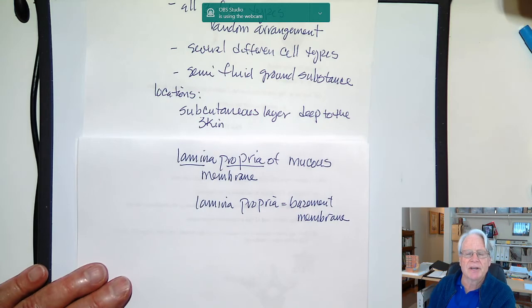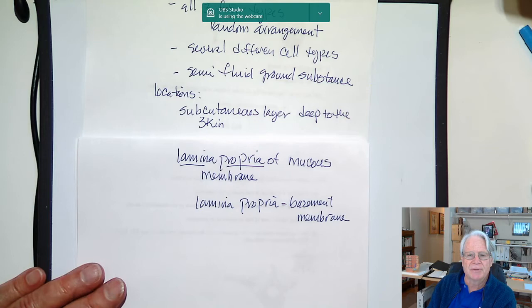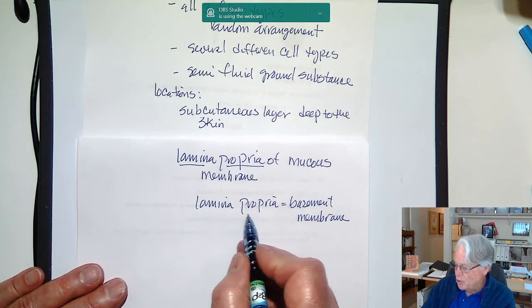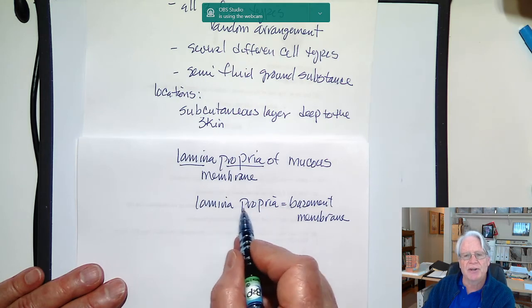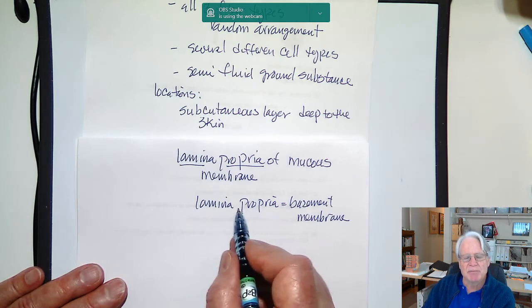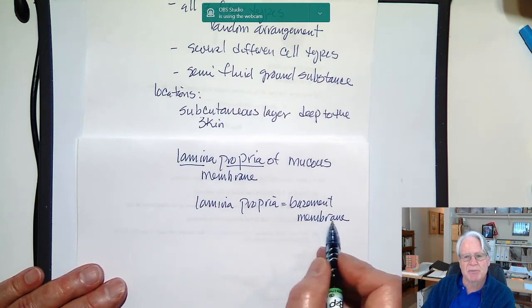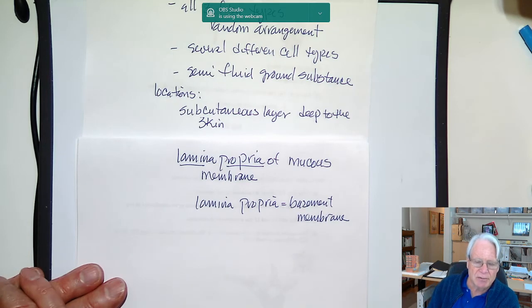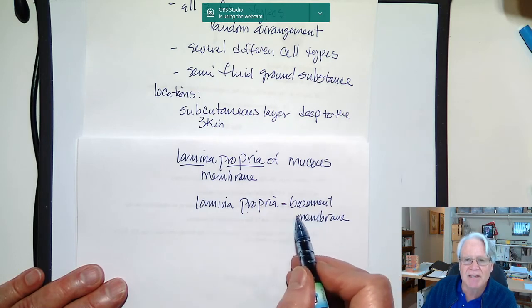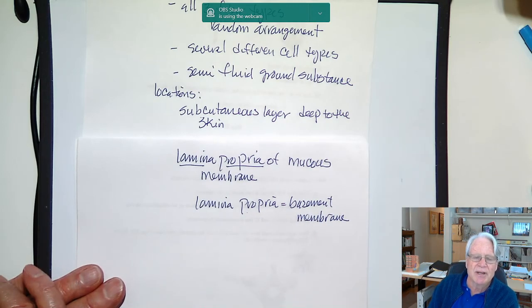Now, there is some controversy, if that's the right word, in the field of study of basement membranes and tissues and so forth, in that some people argue that the term lamina propria should be only used for very complex basement membranes. And if it's not a complex basement membrane, we use the word basement membrane by itself. I don't really care. We don't really care. As long as you understand that lamina propria is the same thing as a basement membrane, we'll be fine.